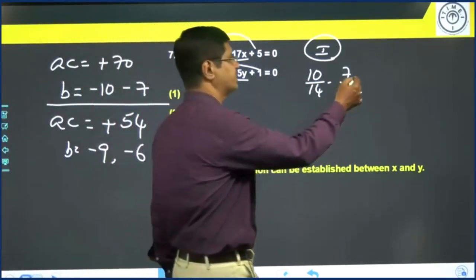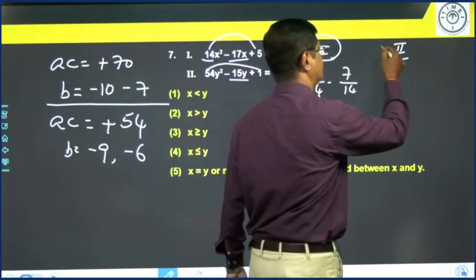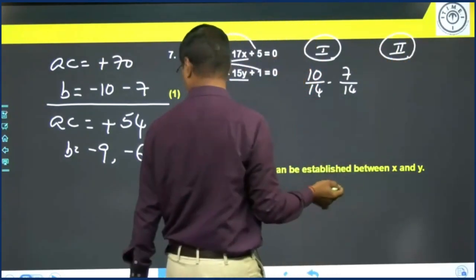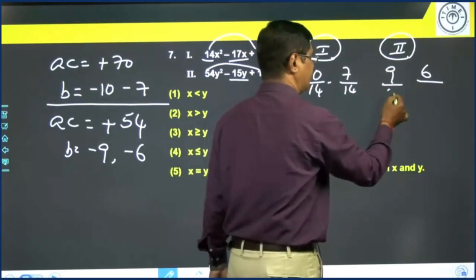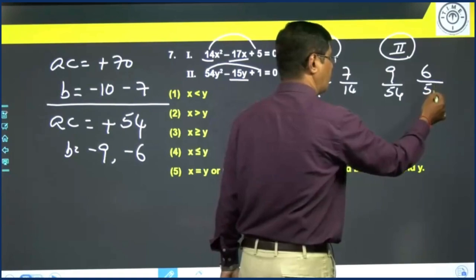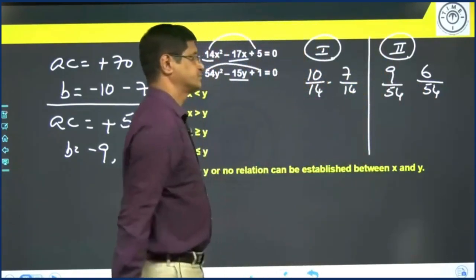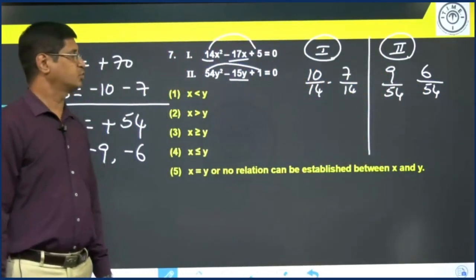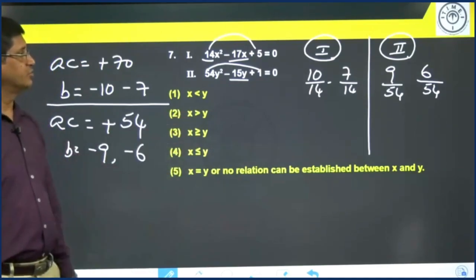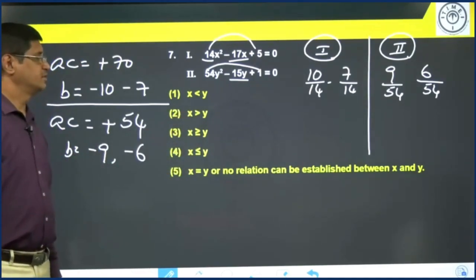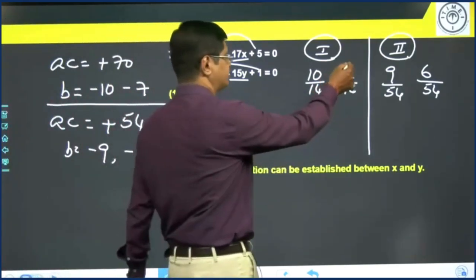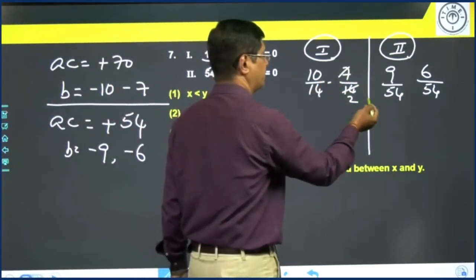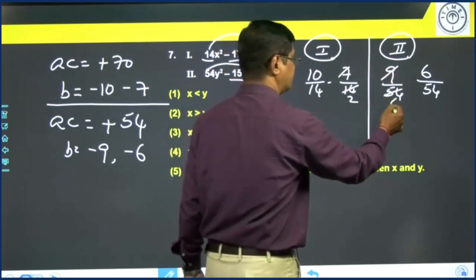What about the roots of the second quadratic equation? Roots of the second quadratic equation are the same numbers with opposite sign, divided by the coefficient of y square. Now simplify this, then you will get the answer. What is the cancellation here? 7, it goes exactly 2 times, and 9, 6 times.